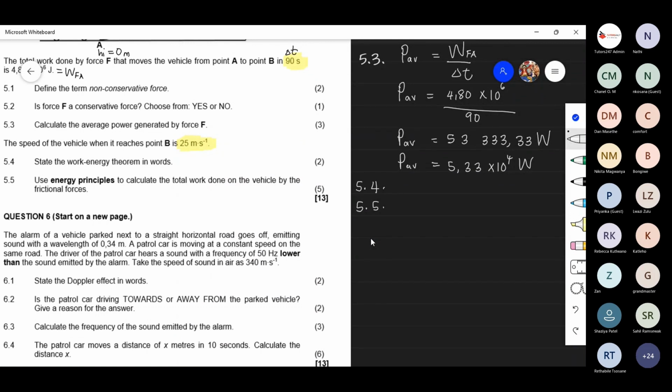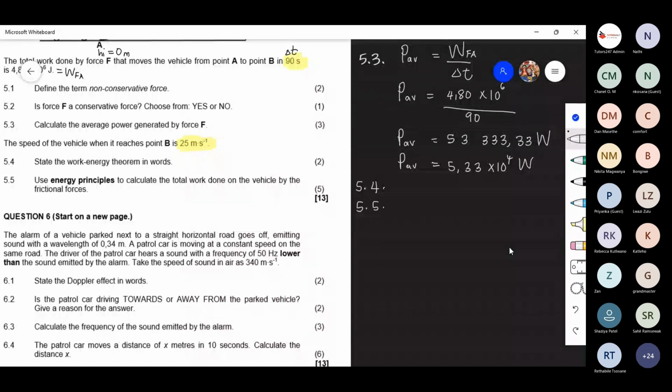Okay. Because today's session is focused on work done by non-conservative forces, I'm not going to use the work net equals change in kinetic energy formula. I'm going to use the work done by non-conservative forces method.